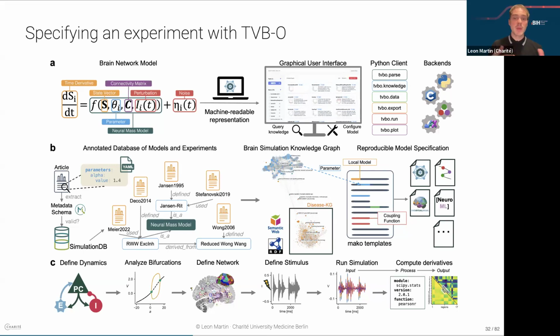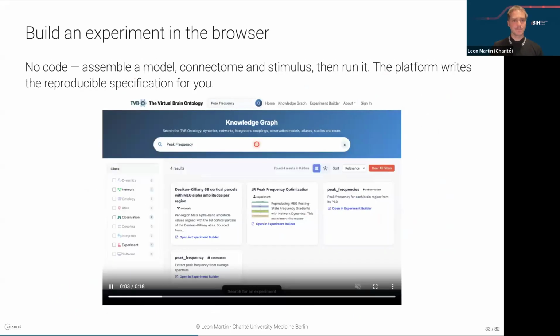Then we can implement other semantic web tools to connect our studies and our models to more disease-related knowledge graphs, and maybe find some hypotheses to test with our models. And from defining dynamics to the definition of the network, and to running and analyzing the simulation output, you have a full semantic framework that wraps around The Virtual Brain.